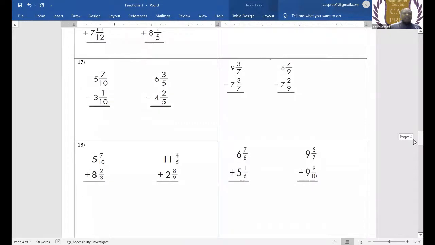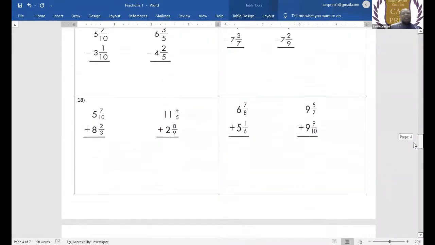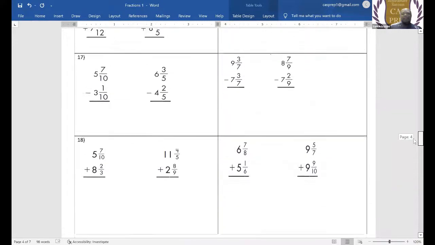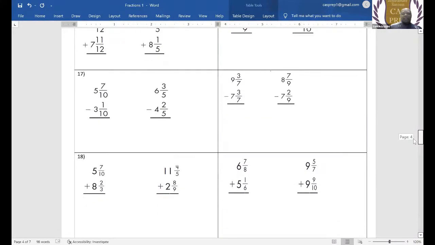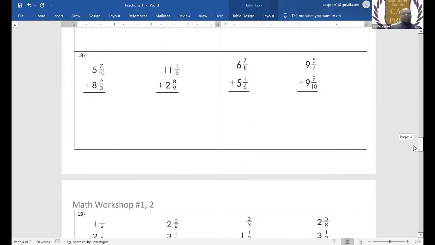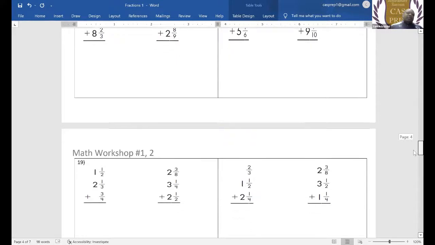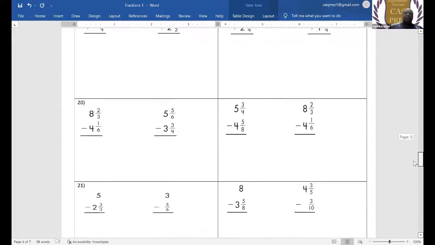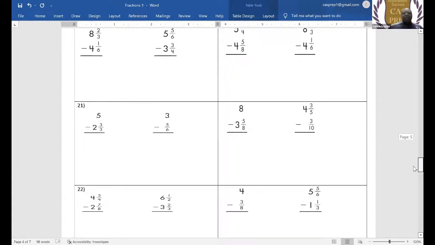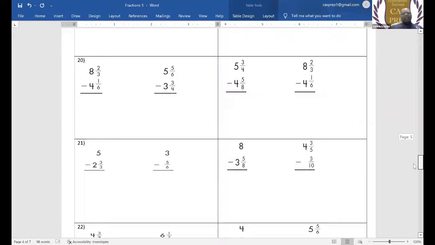17 is just more of same denominators, but we'll pretty much be starting around 18 next week and moving forward from that point. We may do some review questions like we normally do, and then we'll move forward as far as 18. Next week is really going to get interesting when we take a look at the concept of borrowing in fraction subtraction.